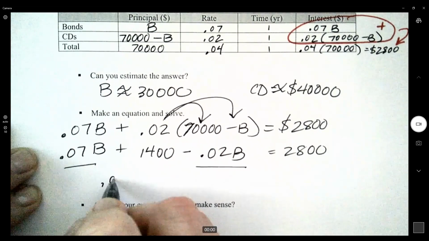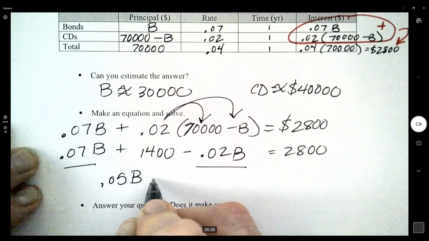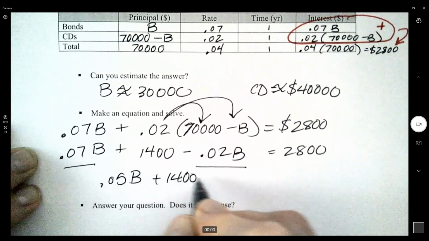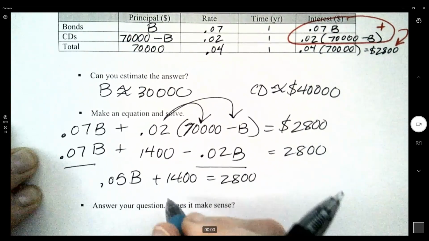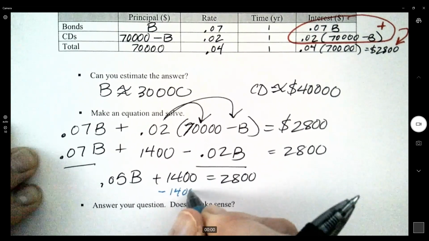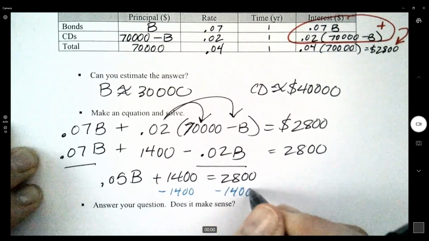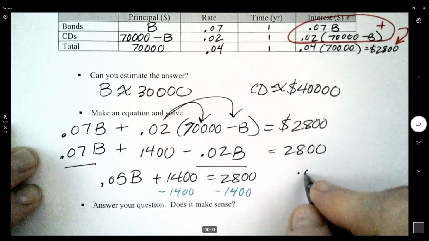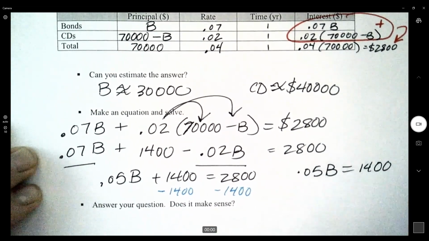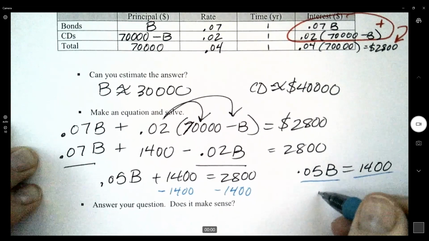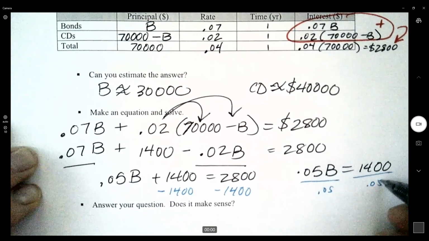So that gives me 0.05b plus 1,400 equals 2,800. Let's subtract the 1,400 from both sides. So that gives me 0.05b equals 1,400. And then, of course, we'll divide both sides by 0.05.